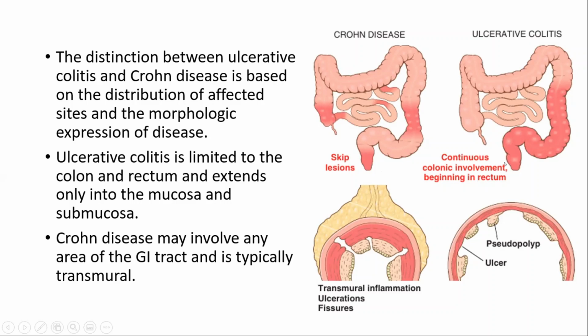While in ulcerative colitis, it is continuous from the rectum upward, and it ends somewhere with an abrupt transition between the disease and the normal colon. And ulcerative colitis is usually limited to the mucosa and submucosa, while Crohn's is typically transmural. So we basically differentiate it based on this distribution and the morphologic expression of the disease.